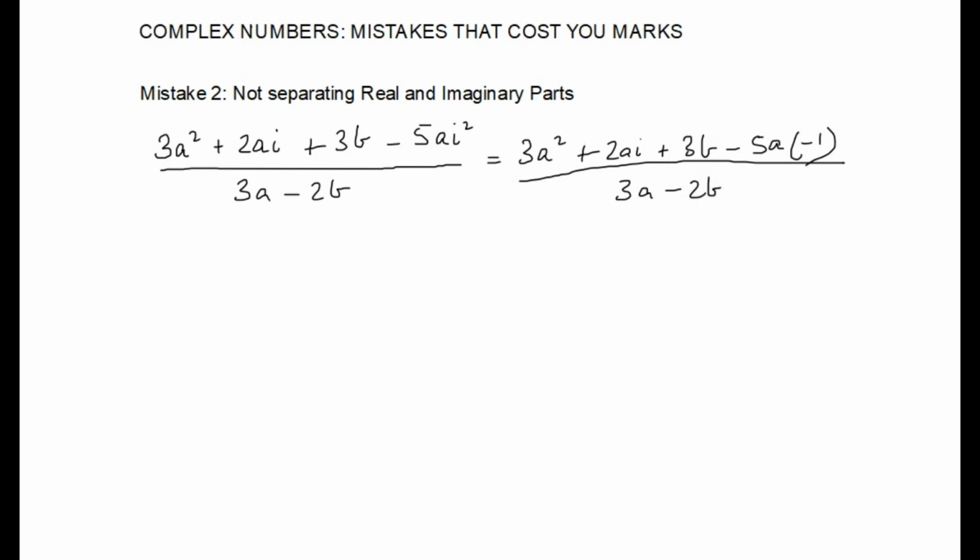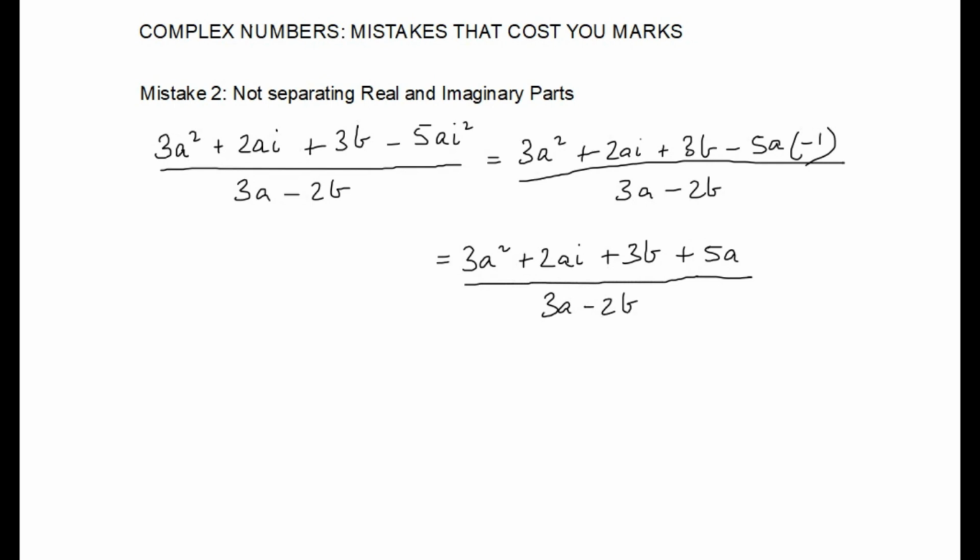And that further simplifies to 3a squared plus 2ai plus 3b plus 5a, the whole thing divided by 3a minus 2b.